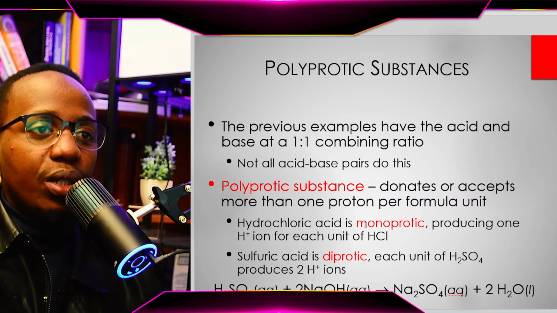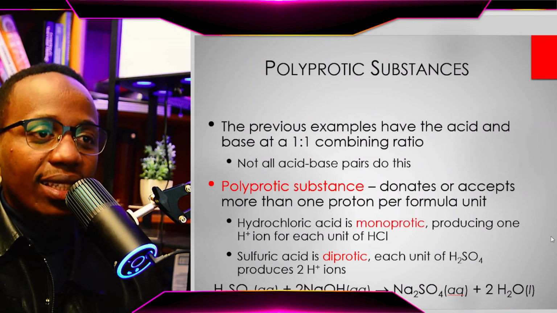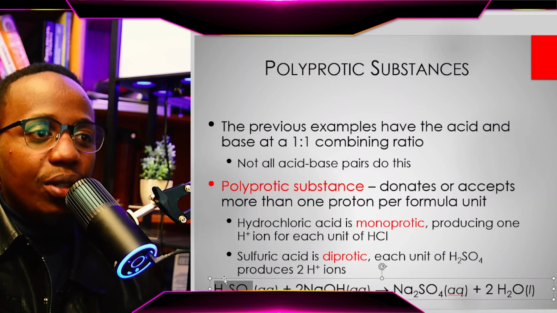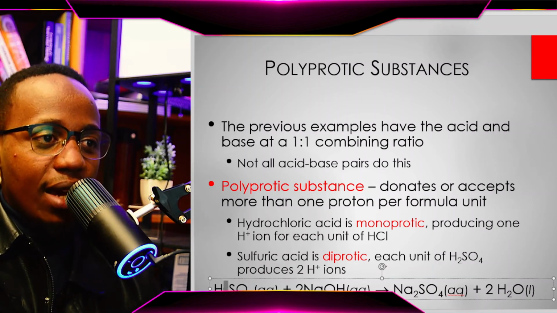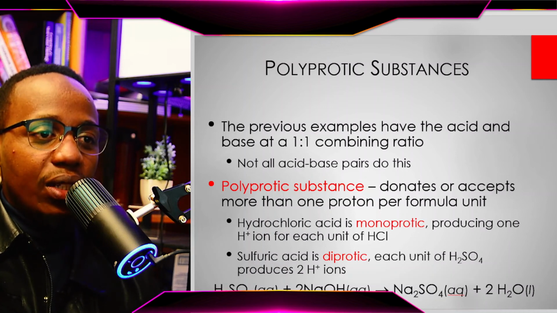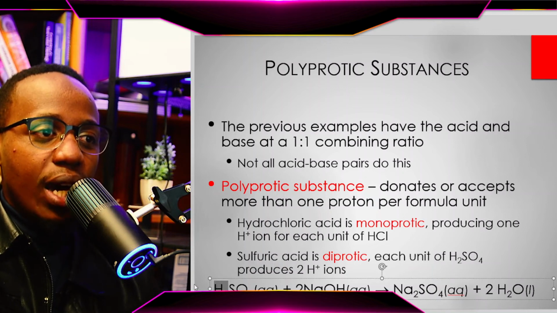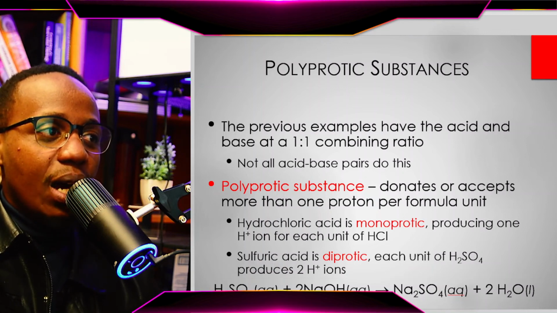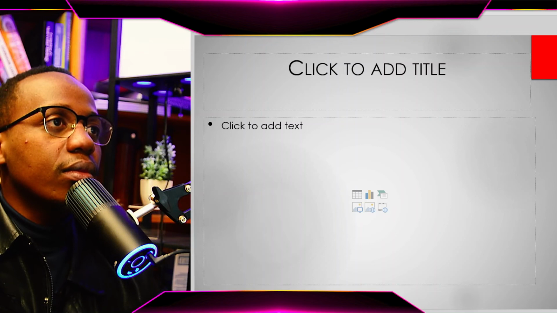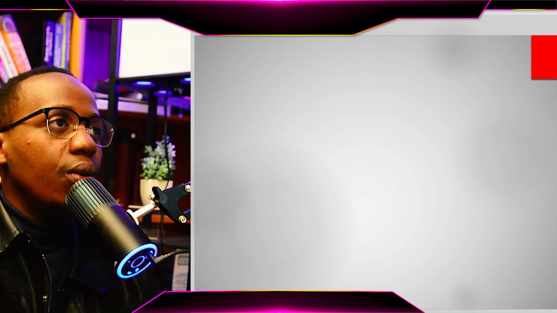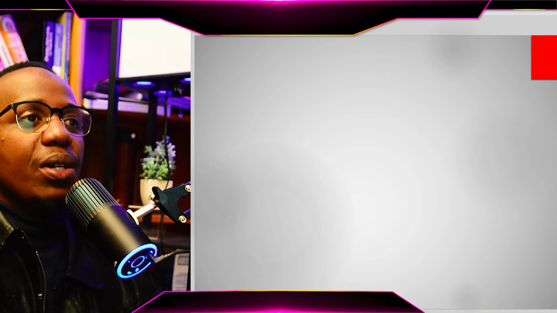The other ones that we've been looking at are monoprotic acids, but sulfuric acid, for example, is H2SO4. It's a diprotic acid. And the only thing that's different is that now it has two hydrogen ions, so when it binds with NaOH, it's going to need two NaOH, right? Because it's going to give two hydrogen ions. So, for example, let's look at how they react in water. It's pretty much the same thing, but you have more than one hydrogen.